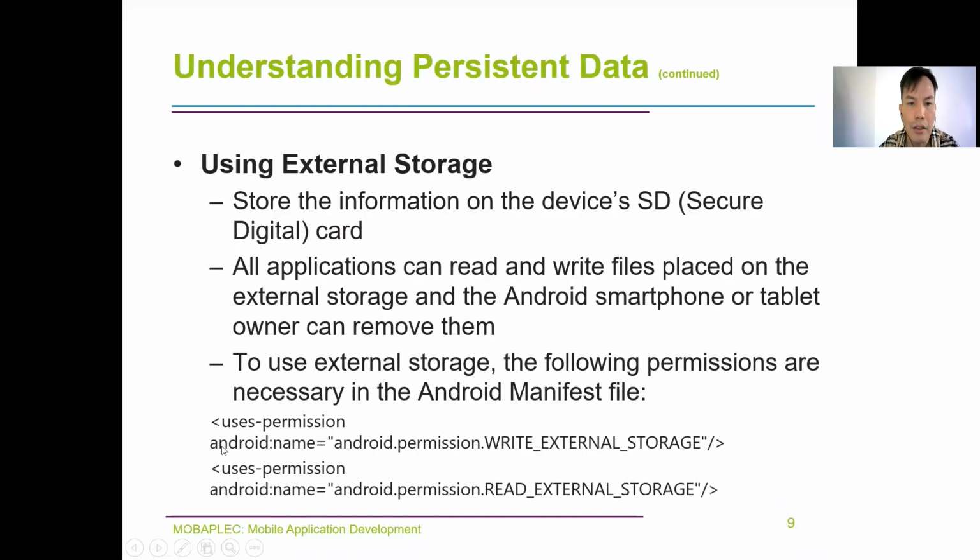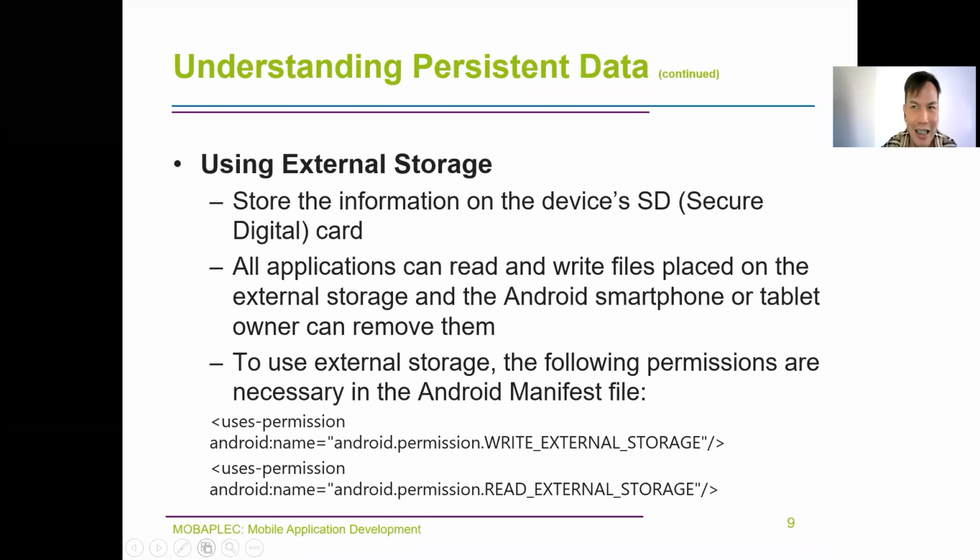So the Android name is android.permission, right? External, meaning you could input particular permissions. If you want to view, you could use READ_EXTERNAL_STORAGE. Actually, if you have a phone that's plug and play, automatically it will pop up that message if you want to read or write.